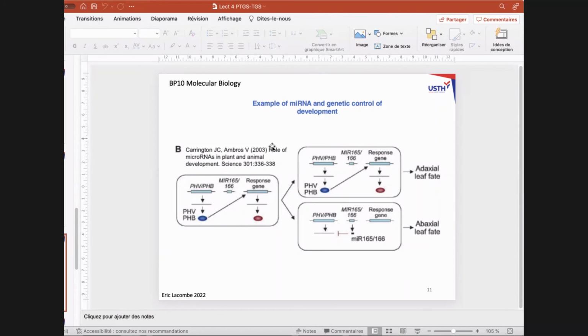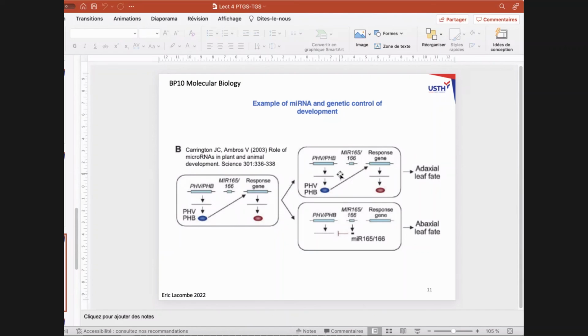So if you compare to the exercise that we did on the growth hormone factor, we saw that, for example, the transcription factor GHF, the equivalent of PHV, was expressed in the anterior part of the pituitary, and it was because it was expressed and translated that the GAS gene was active.